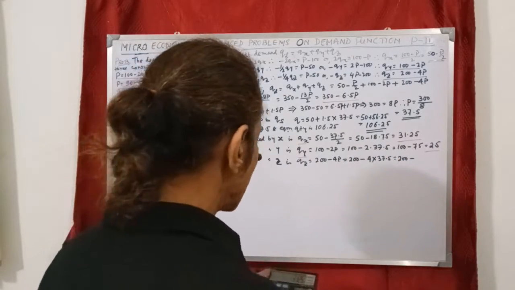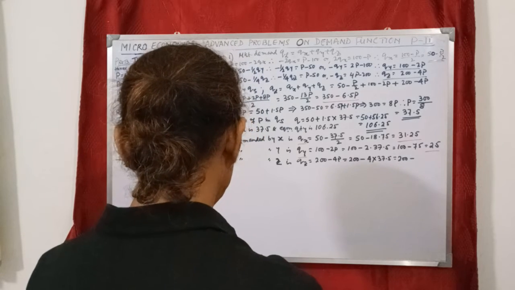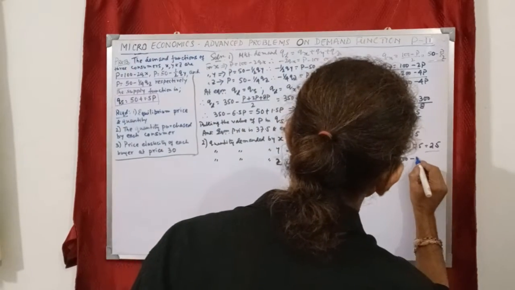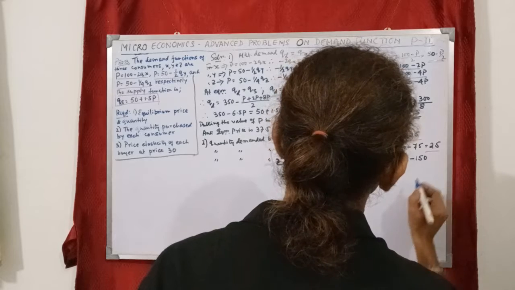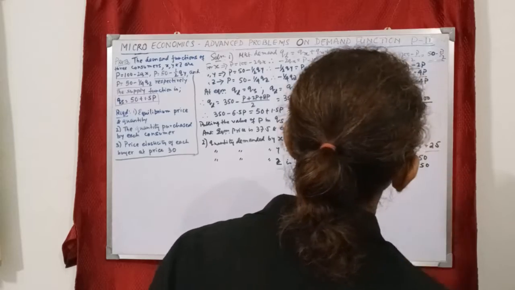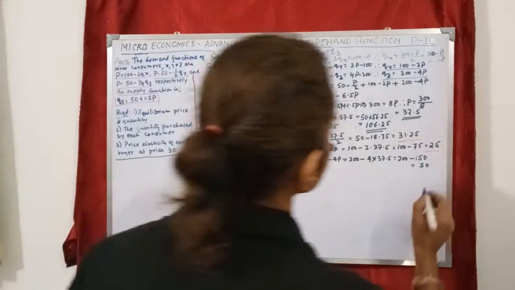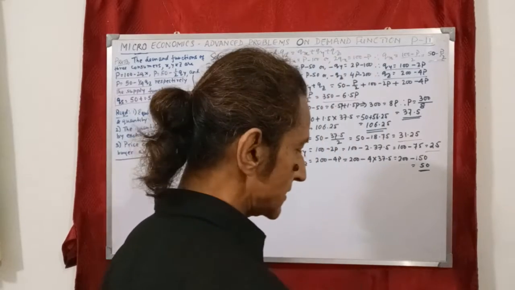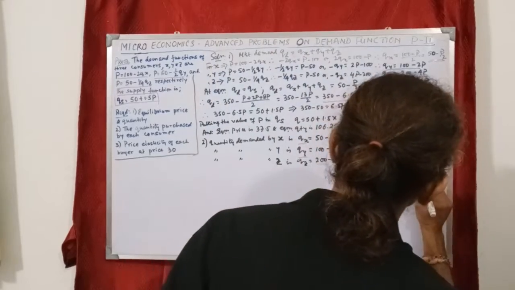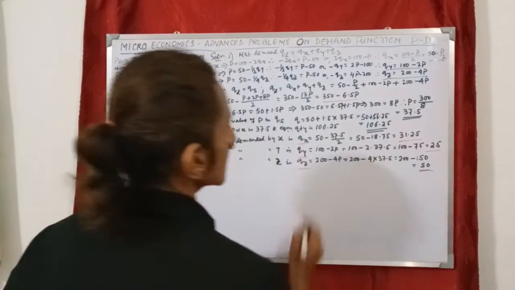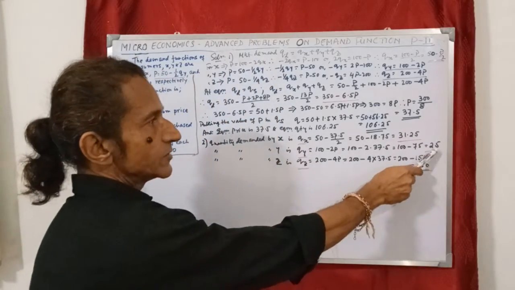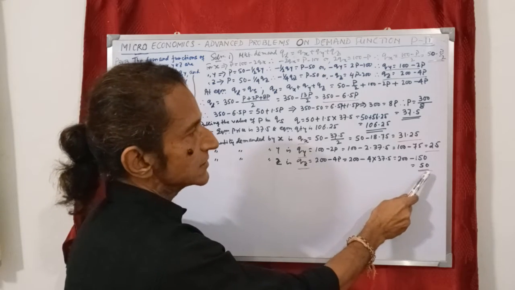How much is 37.5 into 4? This is 150. So 200 minus 150 is 50. Right? So this is the quantity purchased by individual Z.